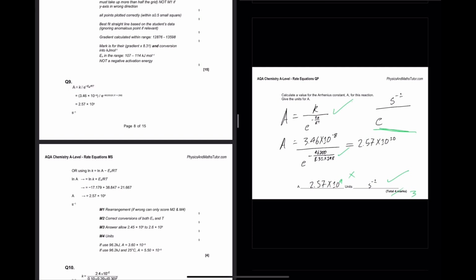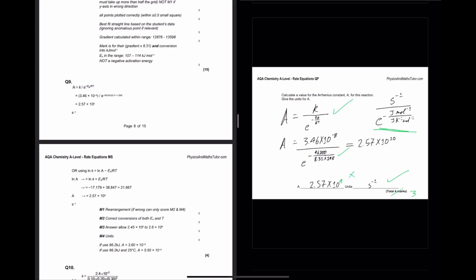So joules per mole over joules per Kelvin per mole.